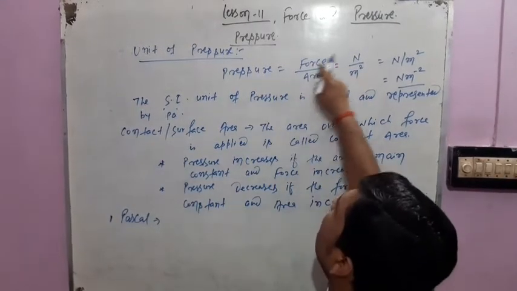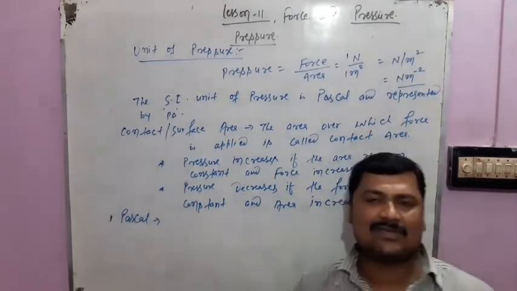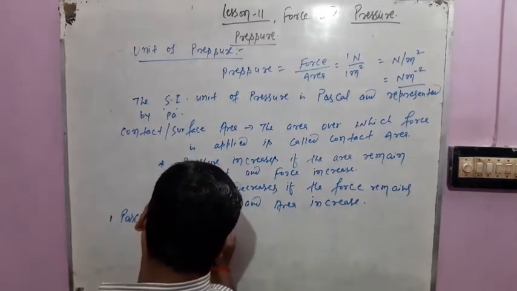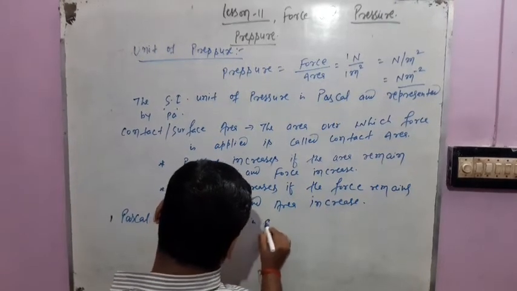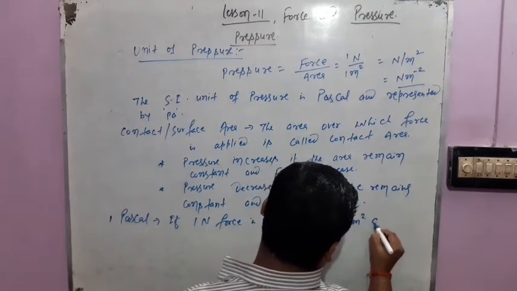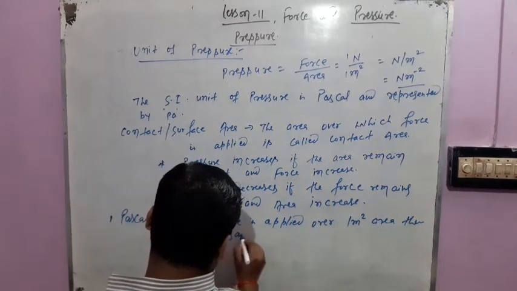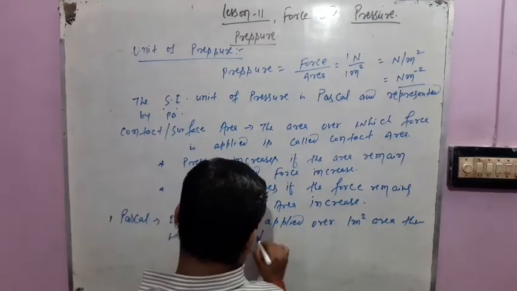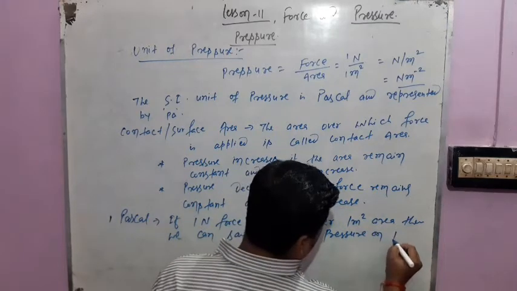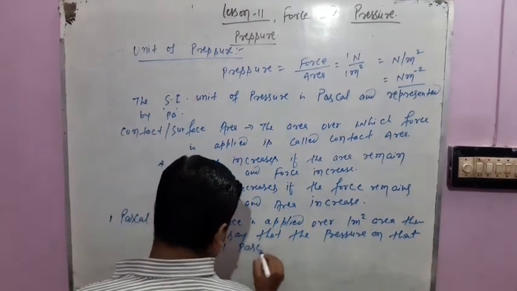So look here, students, what is 1 Pascal? As we know, the formula of pressure is force by area. So if 1 Newton force is applied over 1 meter square area, then we say the pressure on that area is 1 Pascal.